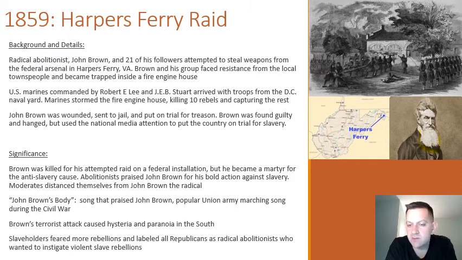So the Marines use a battering ram, they break down the door, they attack Brown and his men, and in the span of a couple minutes, all of Brown's men were either captured or killed. In this moment, John Brown is put in jail, and he knows he's going to be put on trial. Brown knew that he had no legal defense for what he did in Harper's Ferry.